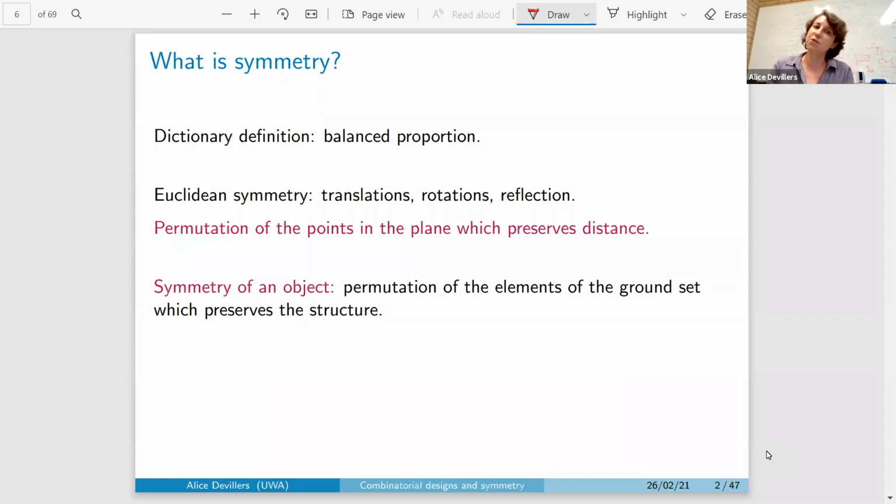But a symmetry of an object is a permutation of the elements that are in the ground set of this object, and we want this permutation to preserve whatever the structure of the object is. So that's what I mean by a symmetry. I'm always talking about the symmetry of something, of some kind of structure.